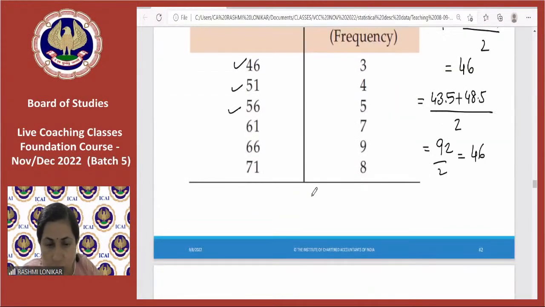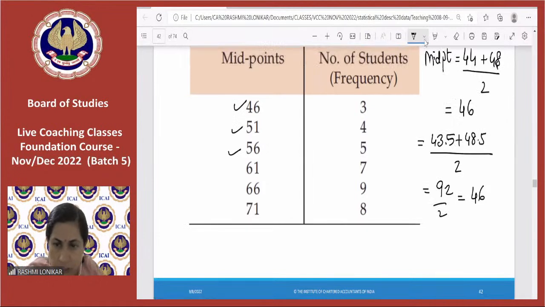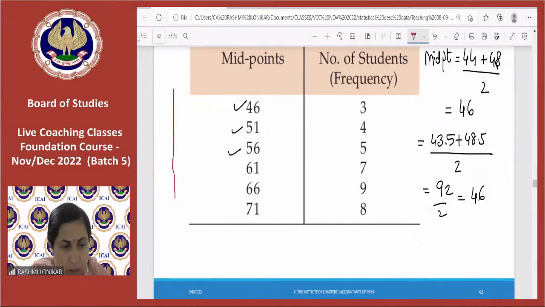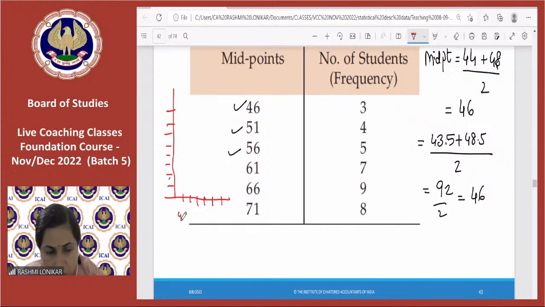So I can draw the frequency polygon. I'll draw it over here. So 46, then 51, then 56, and so on.